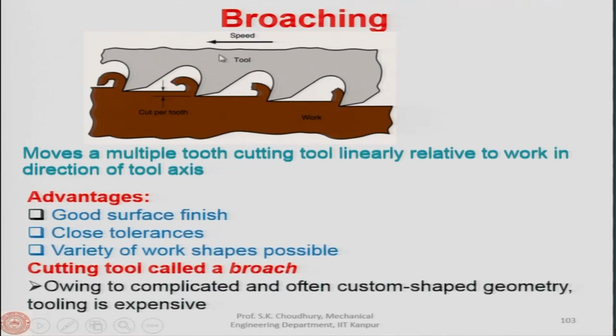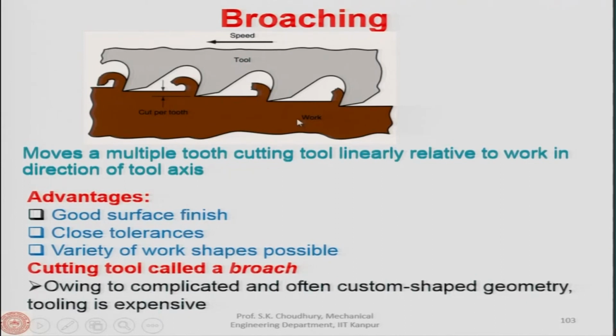This is the broach. When the tool moves, this tooth will remove this much material and the next tooth will remove this much material. So, the final tooth will be removing material which is the sum of the depth of cut of all the other teeth ahead.